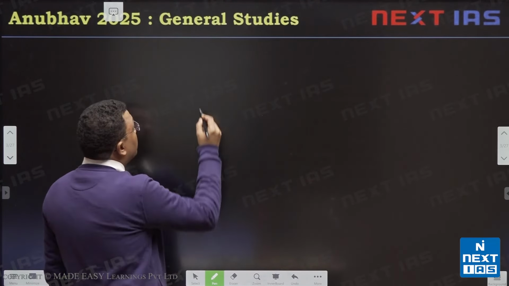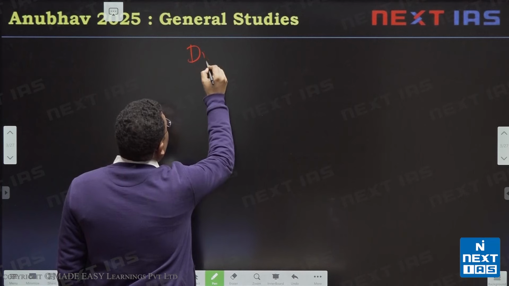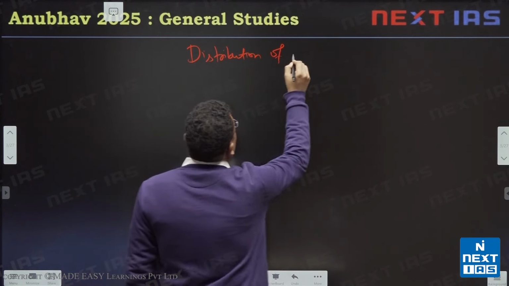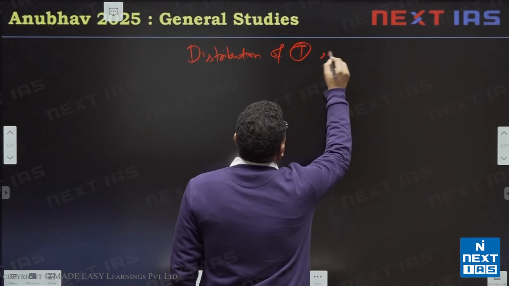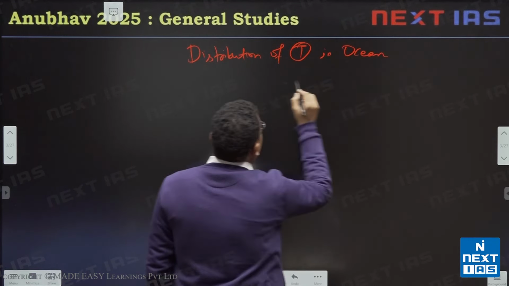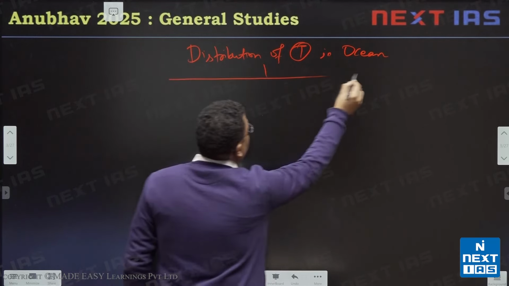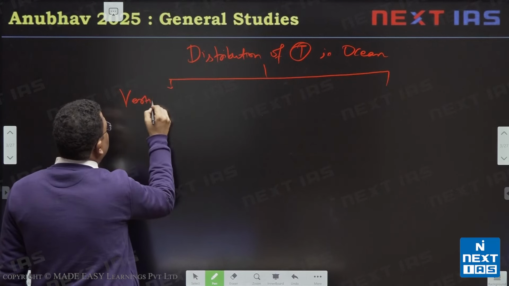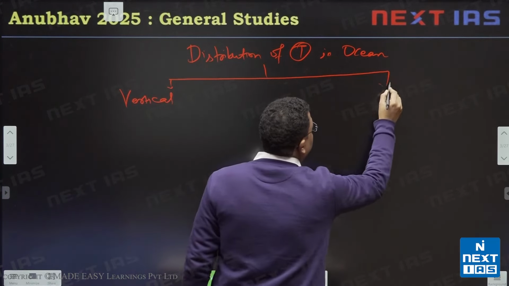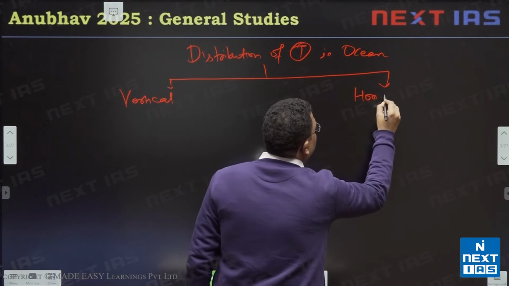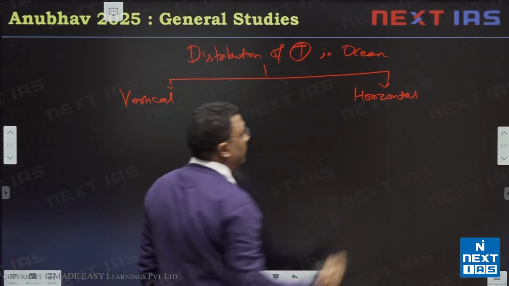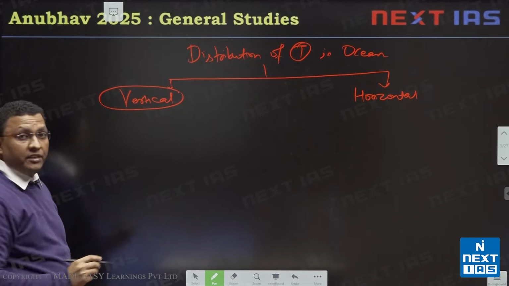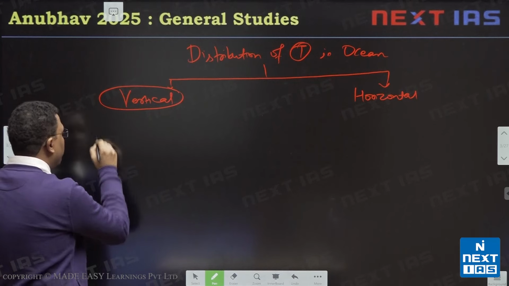So when it comes to distribution of temperature in ocean water, there are 2 types of distribution. First is vertical distribution and second is horizontal distribution, right? If we discuss the vertical distribution of temperature in ocean water, it's very simple actually.